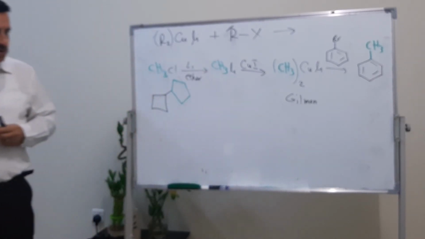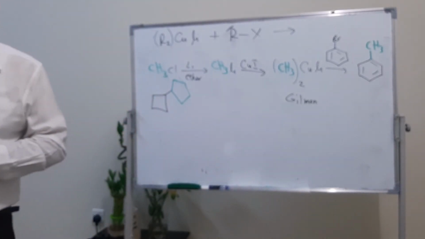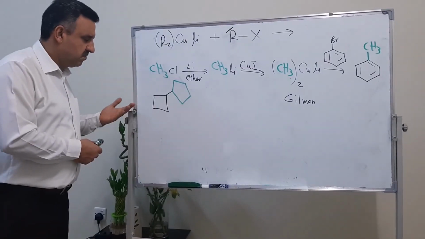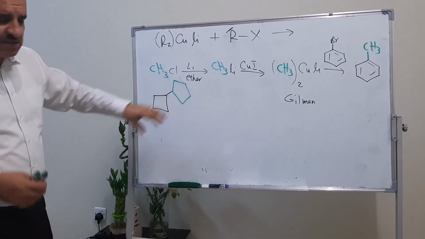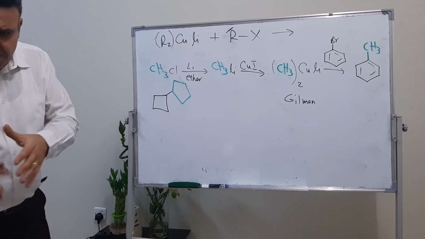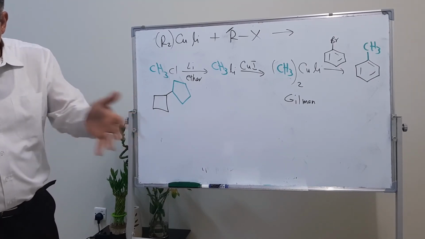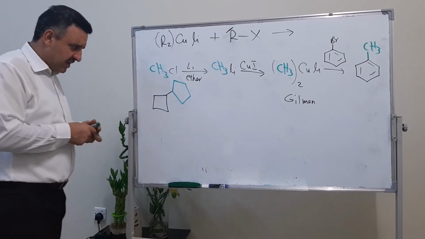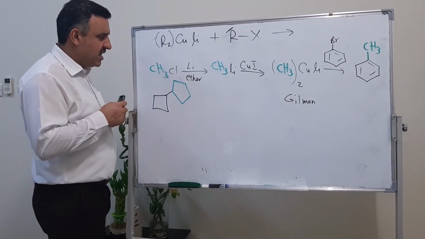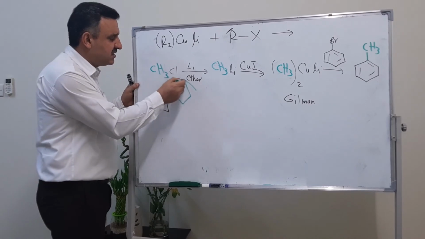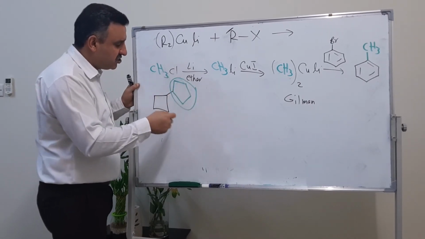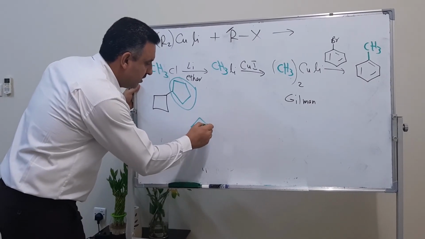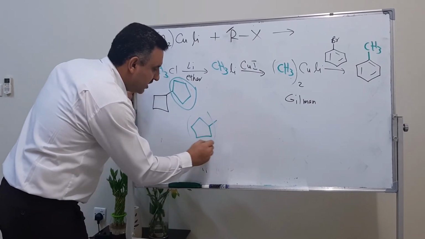Suppose we want to do this conversion, starting from whatever. How do we prepare such a compound? If you're starting from any alkane, any corresponding cycloalkane, you can think of this green alkyl chain as being the Gilman reagent.